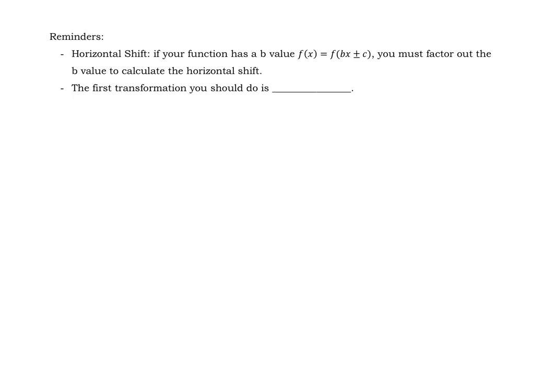Some reminders. Horizontal shift: you must remember if your function has a B value, which is what's inside the grouping, you must factor it out. For example, if I have a function that's negative, let's do 2x minus 6 squared plus 5. This has a B value of 2.